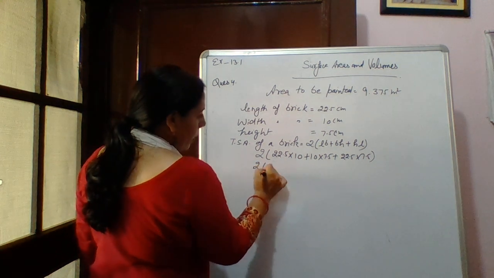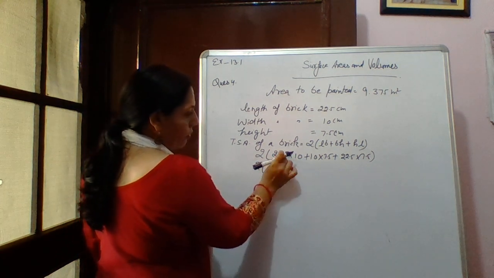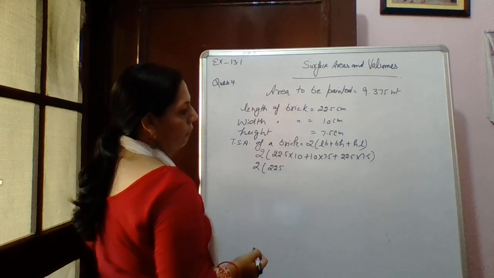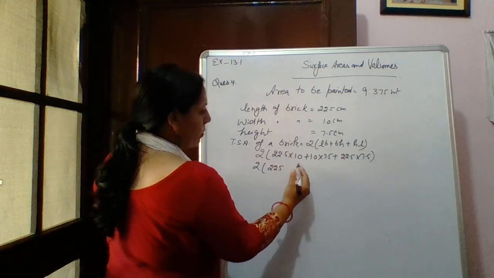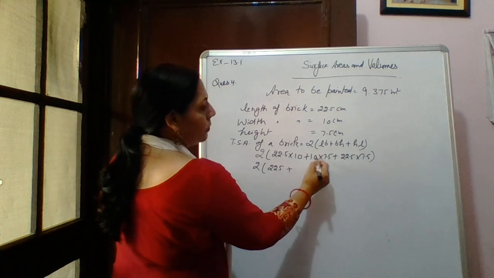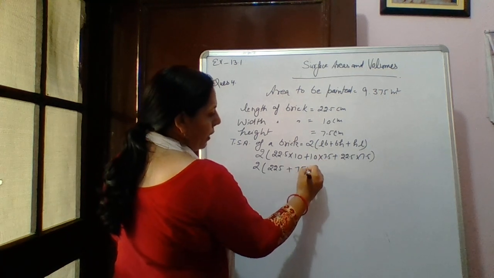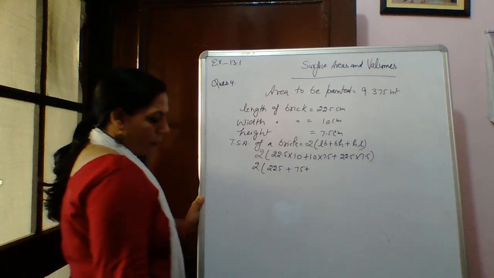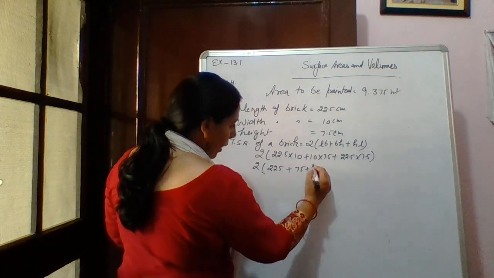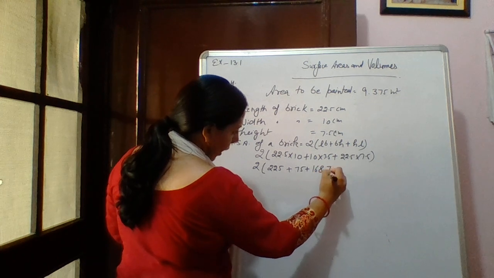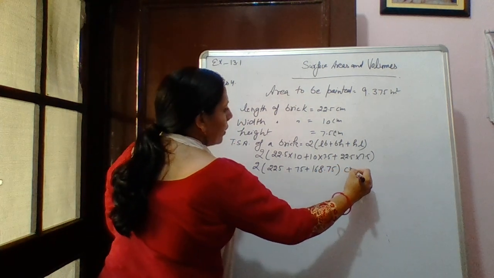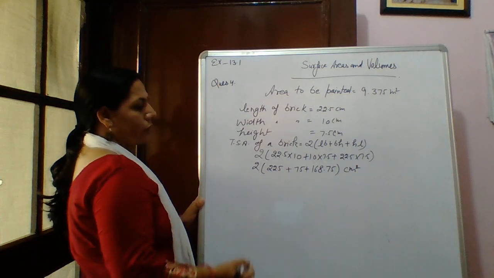So first of all I am doing this. So when we will multiply it with 10, you will get 225. Decimal जो है right place पे चला जाएगा, one place. Then 75, and then you will solve this multiply. 22.5 into 7.5, that is come 168.75, and you will write here centimeters square.